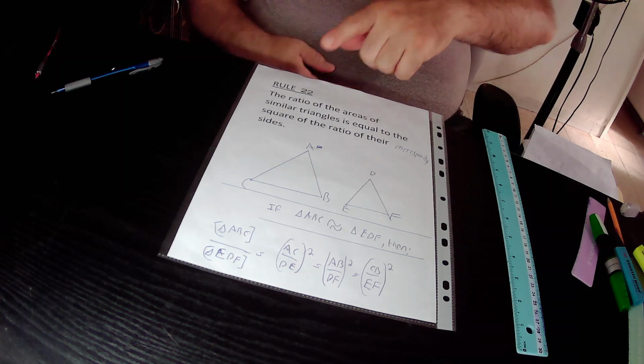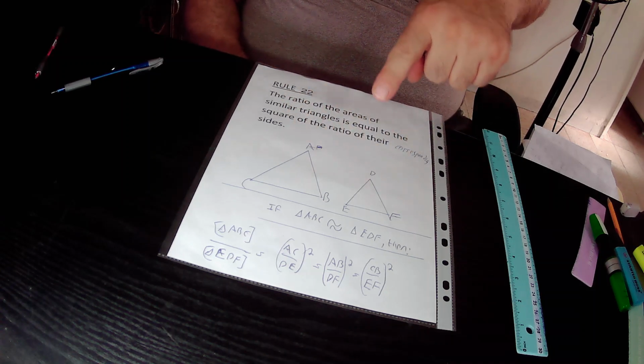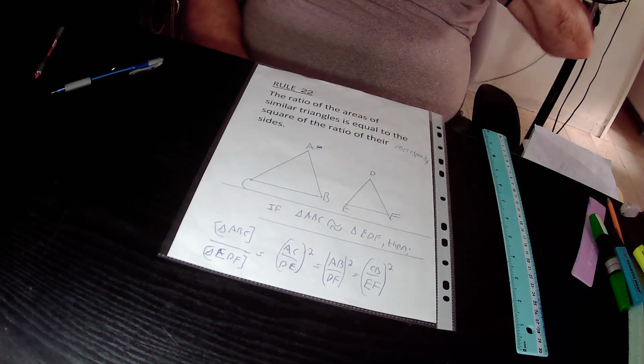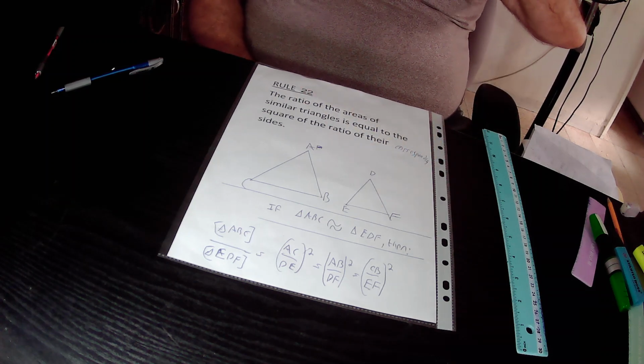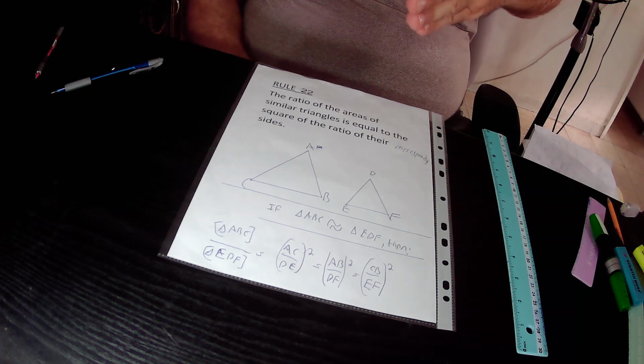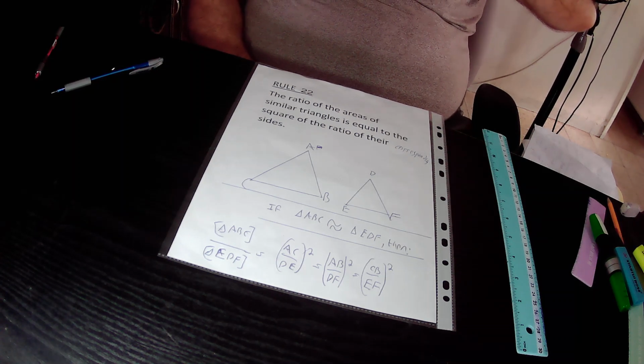And finally, side CB is the corresponding side of side EF, and therefore it is CB over EF squared. Okay, so in total we found out that the ratio between the areas of two similar triangles is equal to the square of the ratio of their corresponding sides.